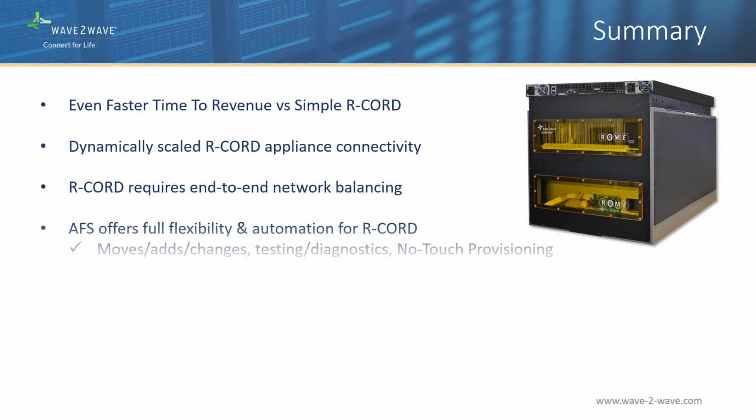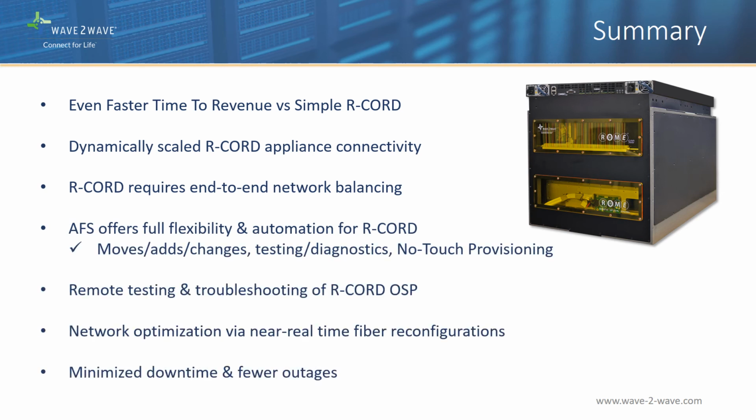As we have seen, AFS technology can offer powerful operational benefits when integrated with our R-CORD deployments. These benefits include faster time to revenue, dynamically scaled R-CORD appliance connectivity, end-to-end network balancing, full flexibility and automation during moves, adds and changes, remote testing and troubleshooting of outside plant, network optimization via near real-time fiber reconfigurations, and minimized downtime and fewer outages.